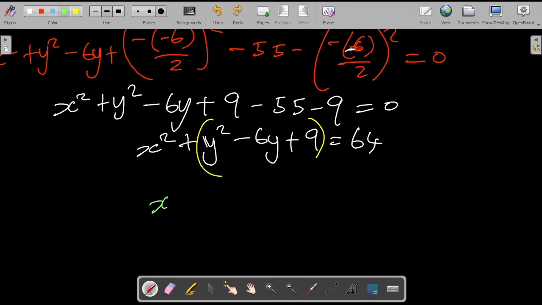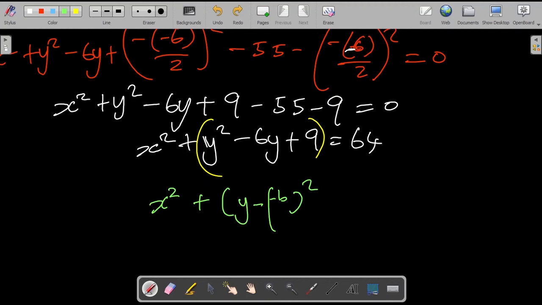So you just copy it as it is. But now your y, you basically put that into a bracket and you square that. And in here, you basically subtract the other value. And the other value would be your minus b divided by 2.